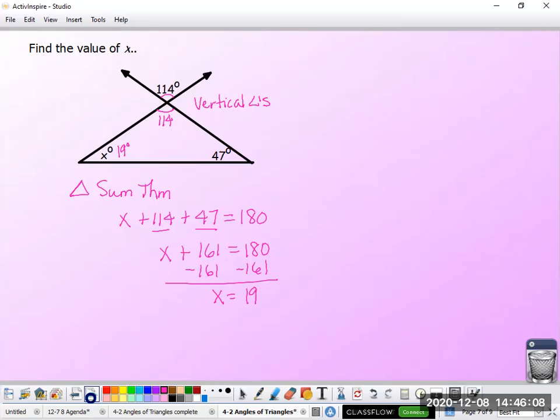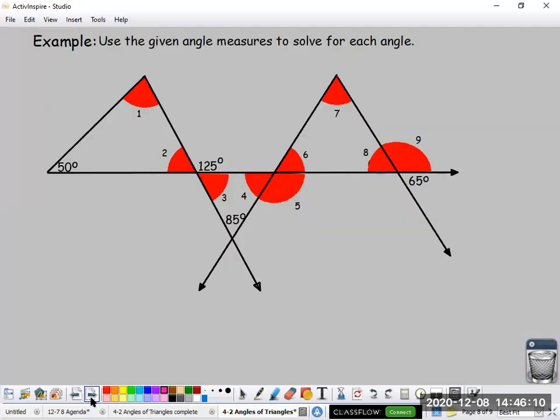All right, we're going to finish big. So we're going to find the measures of all the angles there, 1 through 9, the ones that are in red. And I'm going to write down everything I do. So I'm going to start right here with this triangle, and I'm going to find angle 1. One of the things I recognize is that this 125 is an exterior angle.